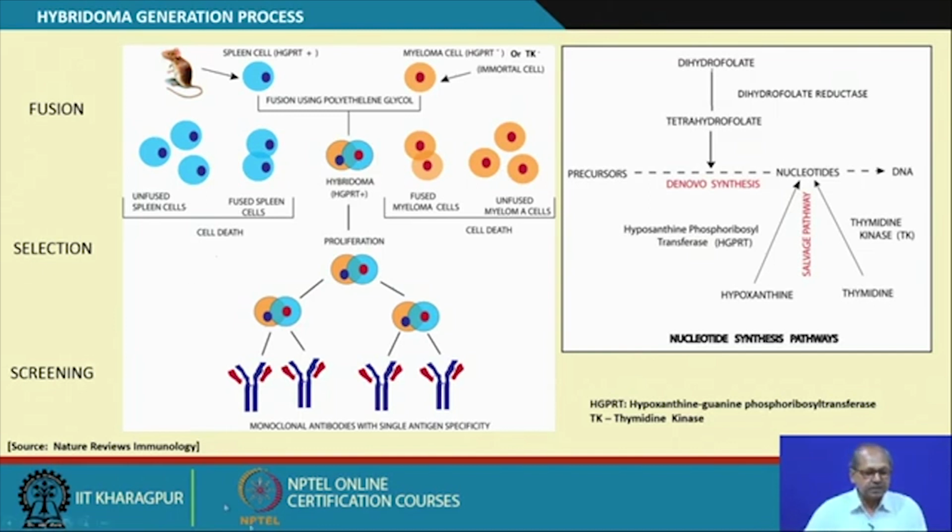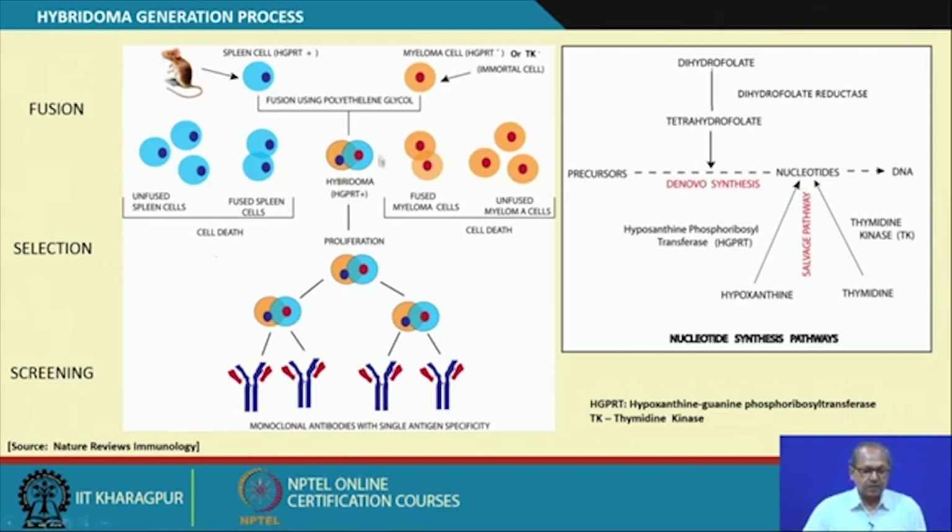So, when we are fusing, after immunization, we take the splenocytes, around say 6 into 10 to the power 7 cells, and myeloma cells, around 2 into 10 to the power 6 cells, mix them up, and give a fusion mixture with polyethylene glycol for a certain period of time, 15 minutes. Then you will see that there are 5 groups of cells.